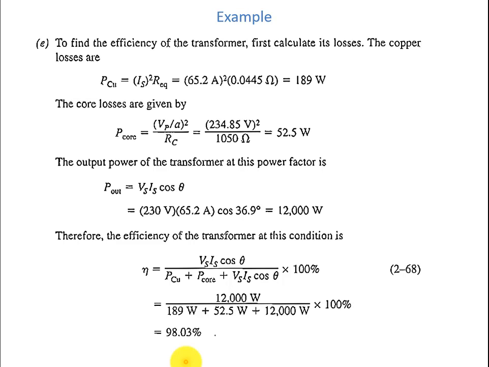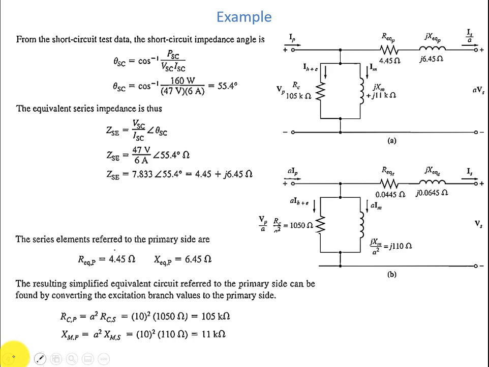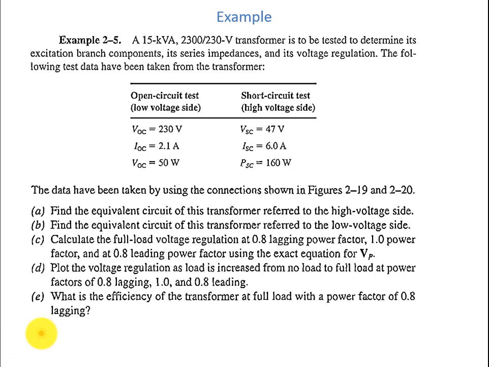So for the last part of this question, we have calculated the efficiency, and there is another part. Let's look at the question. It says to plot this voltage regulation as load is increased from no load to full load at power factors of 0.8 lagging, unity power factor, and 0.8 leading power factor.